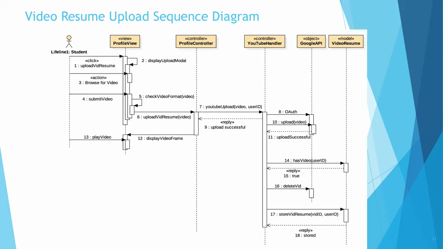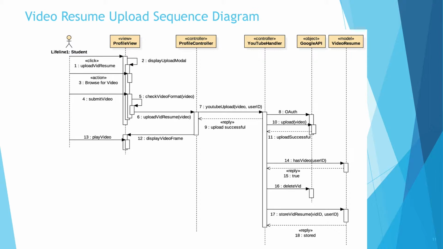This is the sequence diagram for that user story. So we have the student clicking on the profile view. They interact with the view. They upload the video resume. The profile controller does logic behind it. It calls the YouTube handler controller for support.